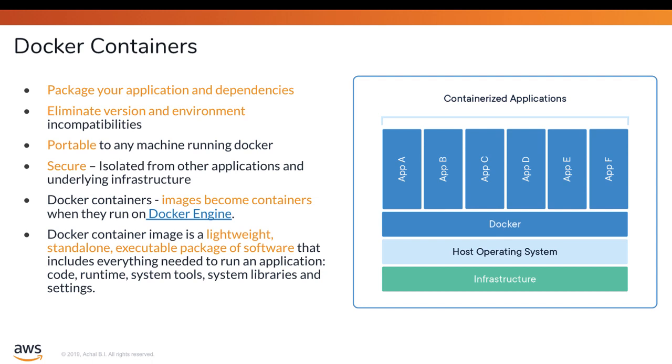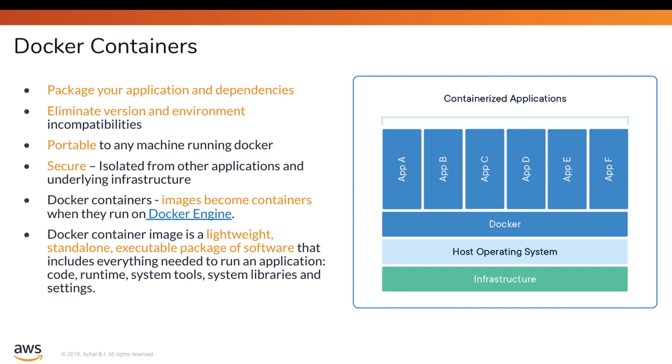So let's understand what a Docker container does. We understood what a container does. A Docker container is a flavor of container. It also packages your application and dependencies, and it eliminates version and environment incompatibilities.